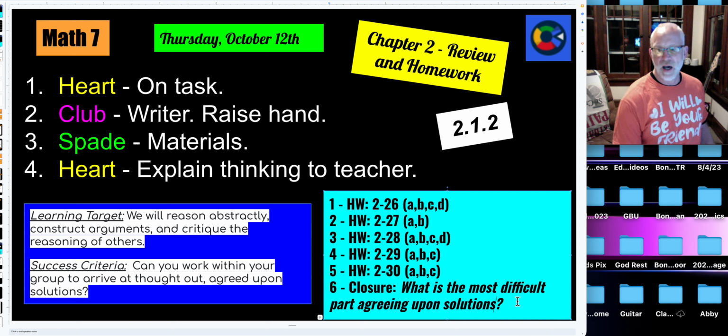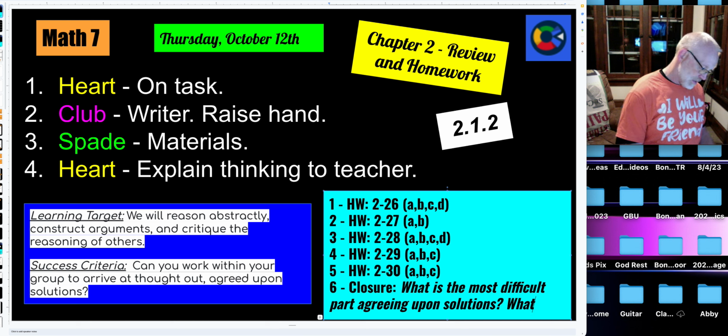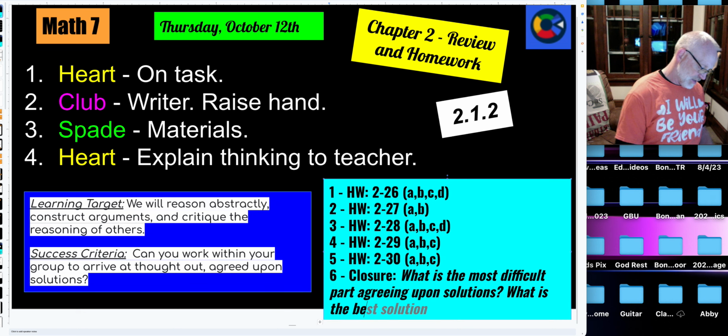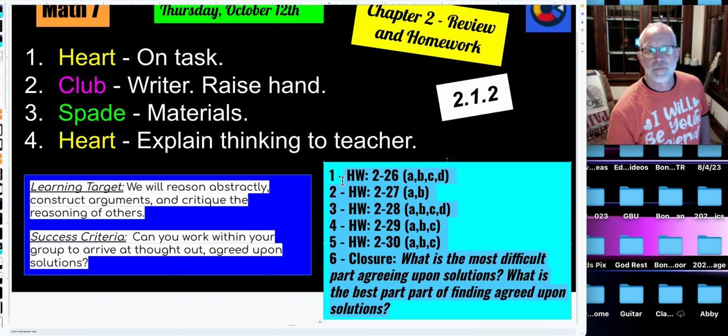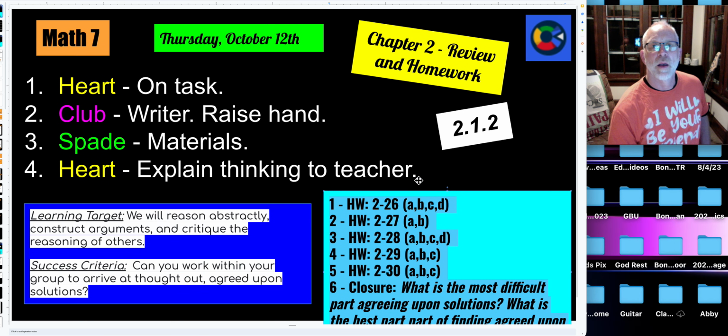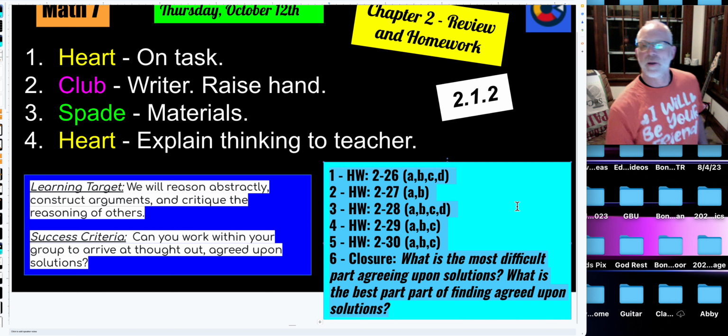And then the other part of that closure was, what is the best part of finding agreed upon solutions? Okay. So I'm just going to go through those and make those a little bit smaller. But that's what we did today.